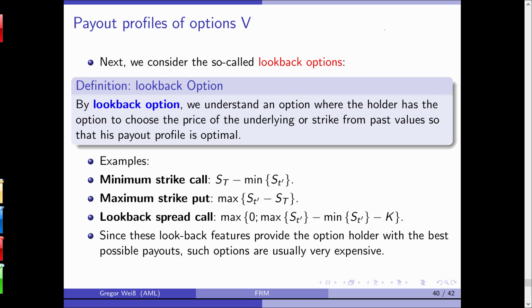Maximum strike put is the same. A look-back spread call is the maximum of 0 and the maximum of ST dash minus the minimum of ST dash minus K. And again, these payouts are much, much higher than for a plain vanilla option, meaning that their prices should be higher as well.